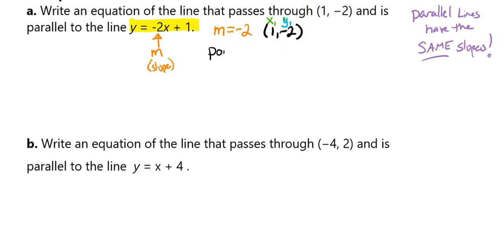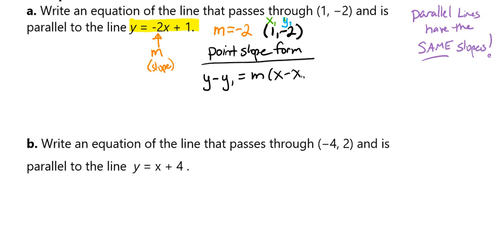Remember that point-slope form is y minus y1 equals m times x minus x1. And so we just need to replace our pieces. y1 has a value of negative 2. m is a value of negative 2.